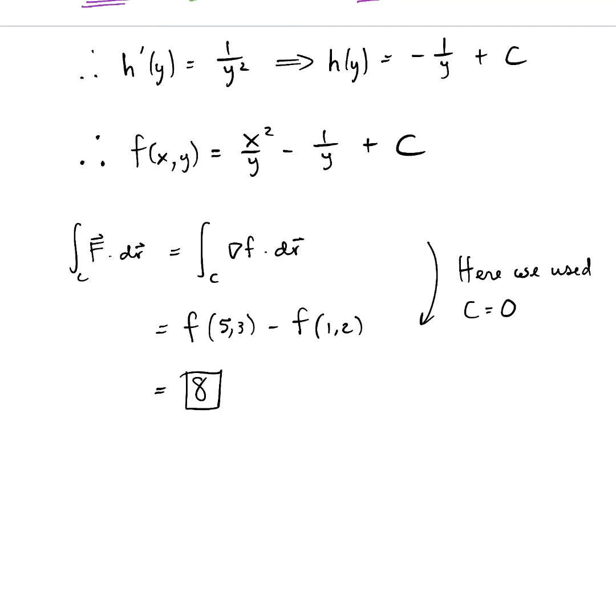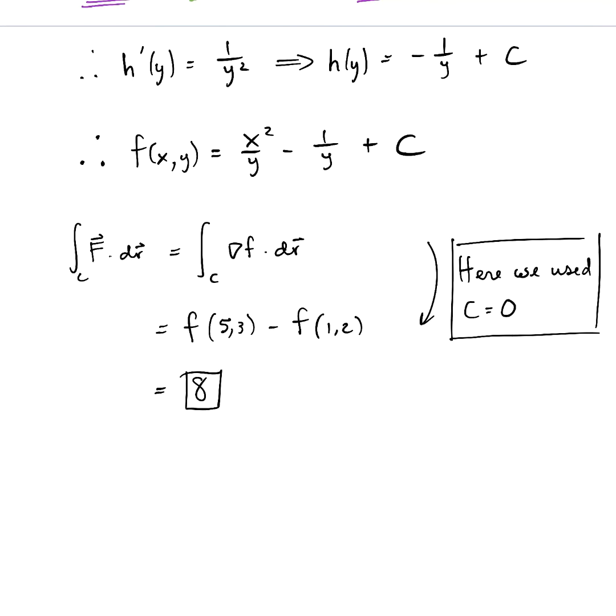So we may as well use c equals 0. Okay, so that's it. When there's a potential function little f to be found, you go and find it, and then it makes line integrals much, much easier by the fundamental theorem of line integrals.